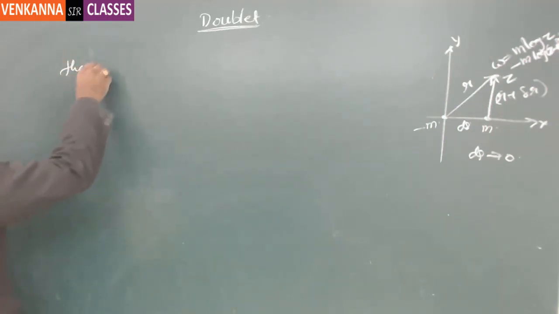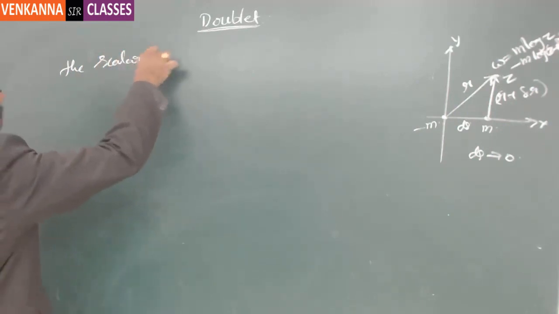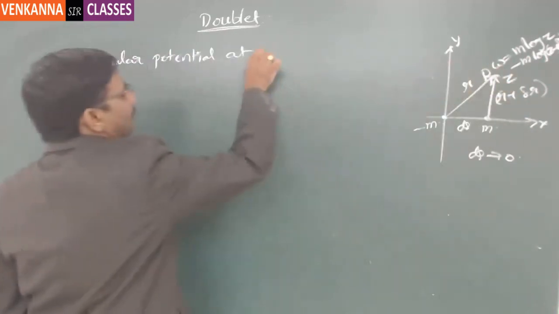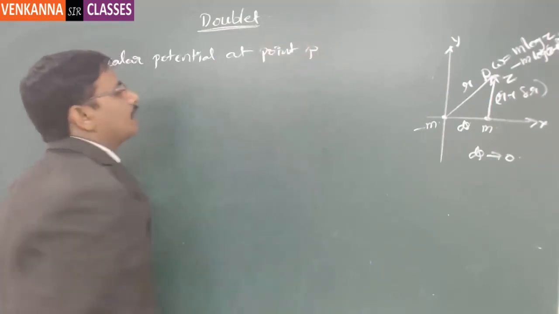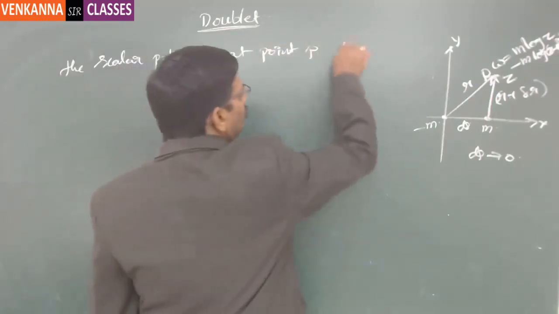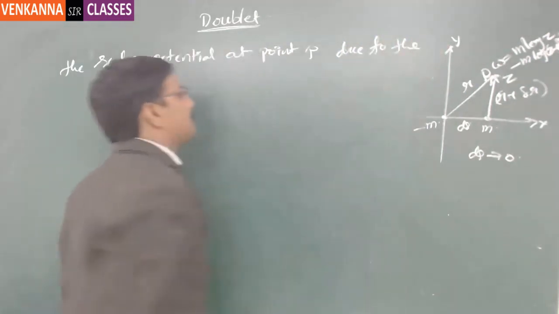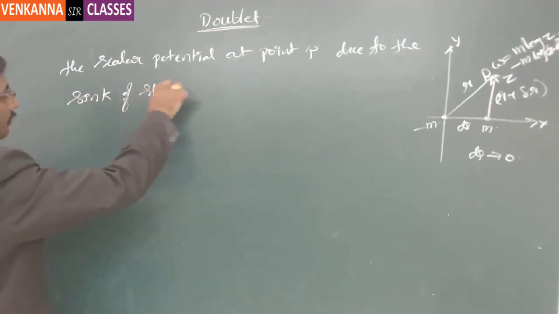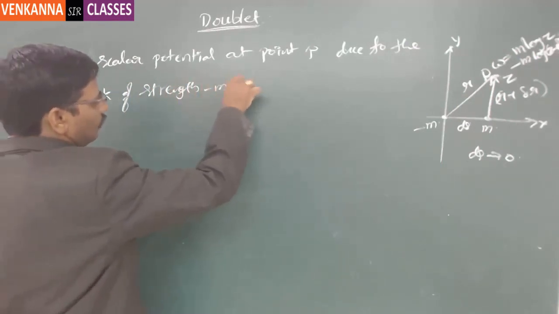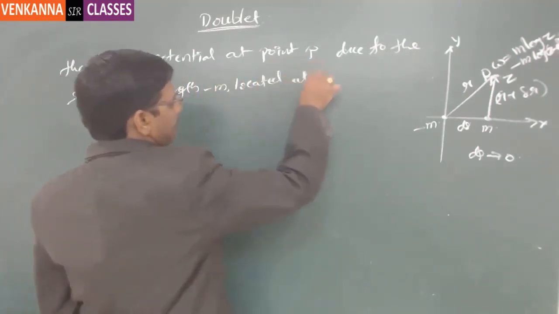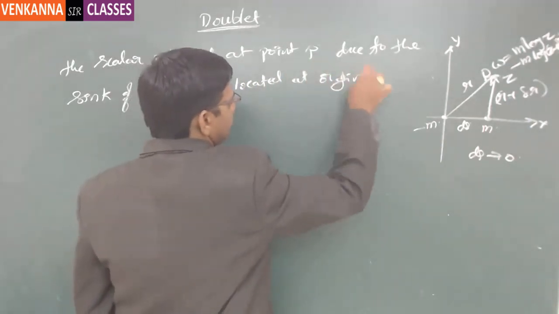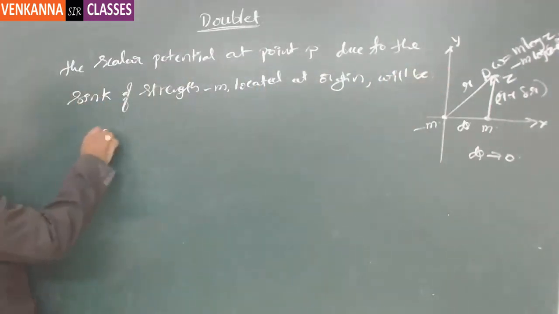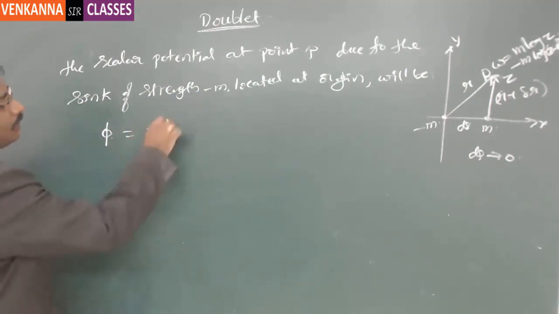the scalar potential at point P. The scalar potential at point P due to the sink of strength minus m located at the origin will be, so this we have already calculated, phi is nothing but m log r, right?